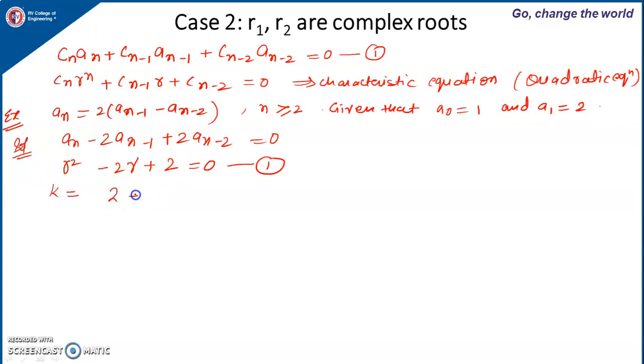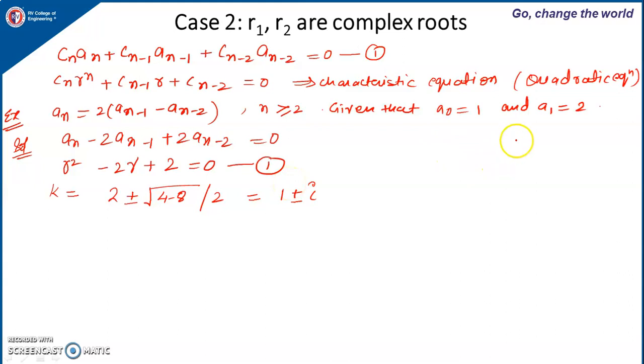So it will be minus b plus minus the square root of b squared minus 4ac, so 2 plus minus under root of 4 minus 8, upon 2. When we solve it, we will get 1 plus minus i. I hope you know how to find the roots of a quadratic equation.